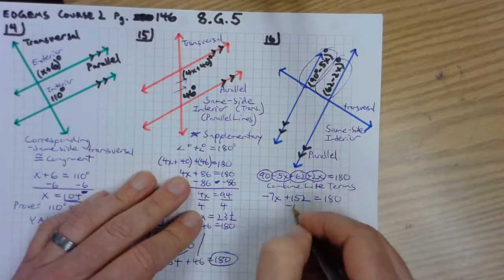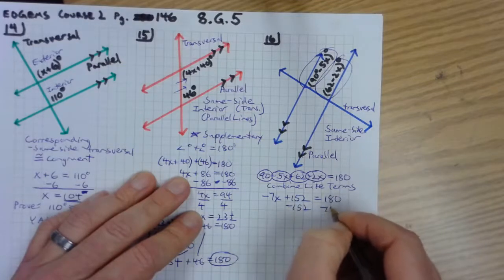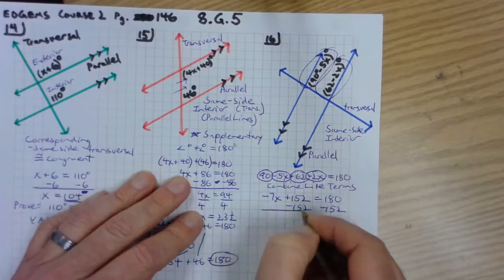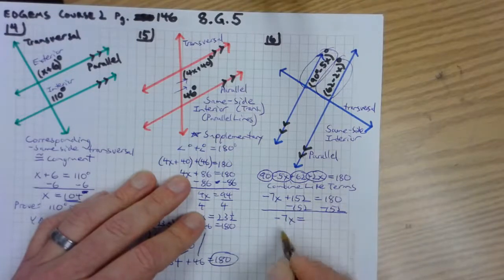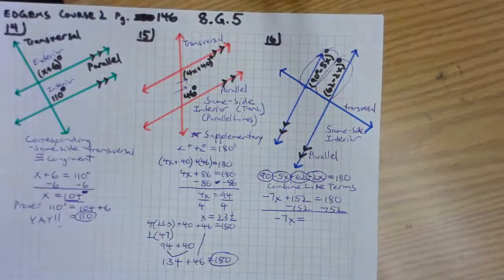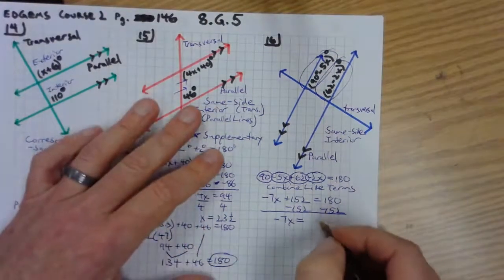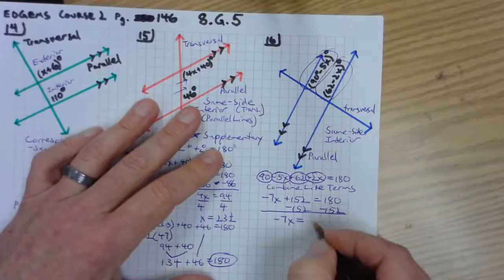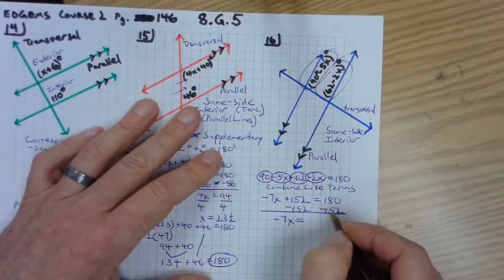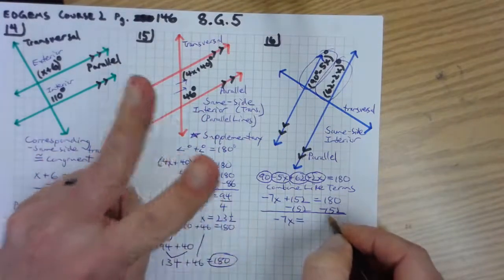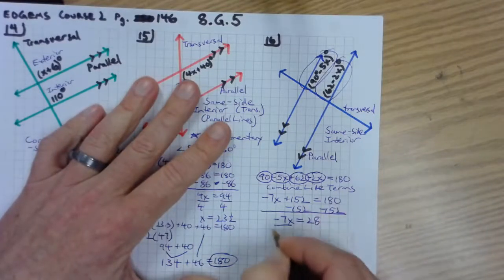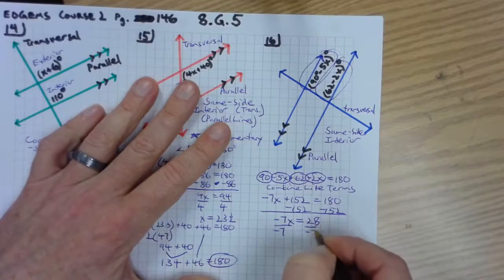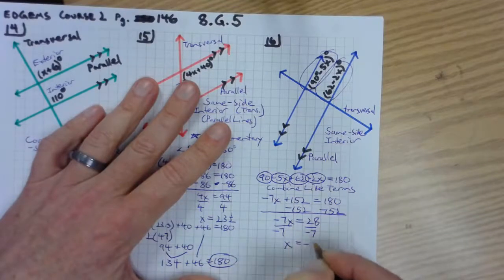I take away 152 from each side, keeps the equation balanced, helps me isolate the variable. Don't be scared of the negative sign. Of course, we're going to divide by the coefficient and change that x into a positive. What's this? 52, 62, 72, 28. Hey. And then when I divide by negative 7, it gives me x equals negative 4.